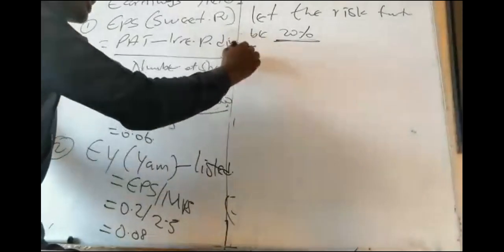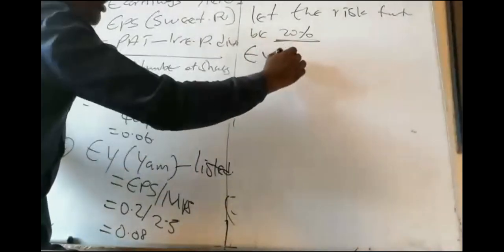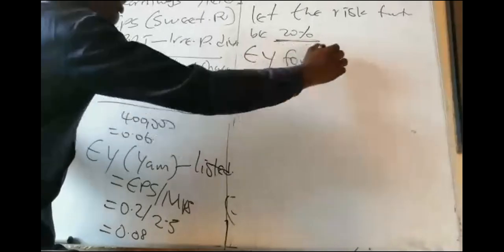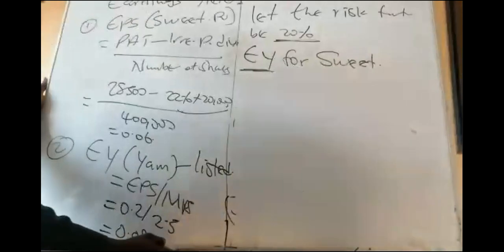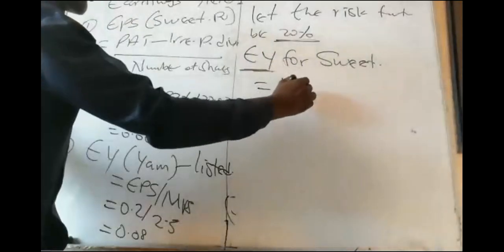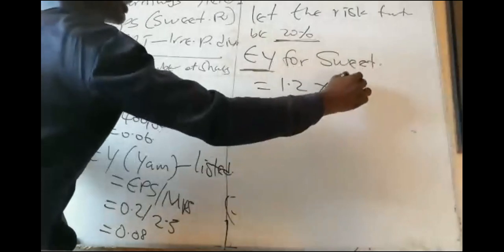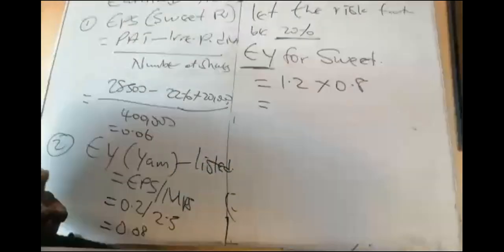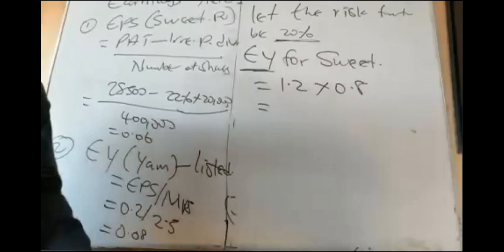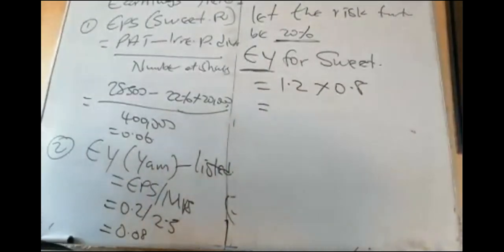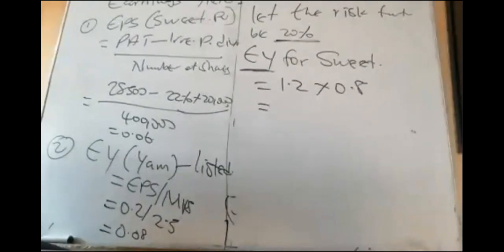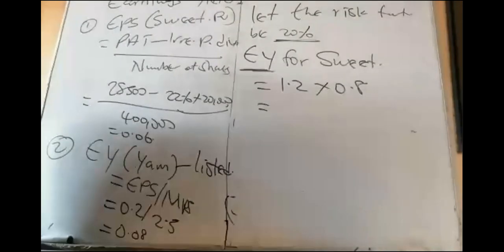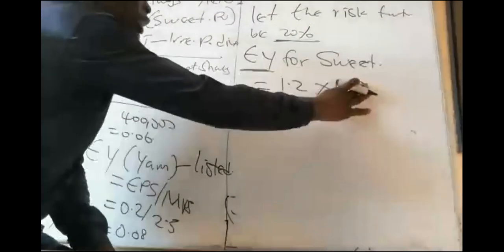Therefore, the earnings yield for sweet potato, the company under observation, will be 1.2 times the 0.08. So we scale it up, then we get the earnings yield.